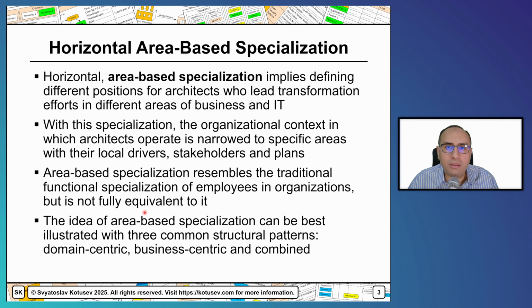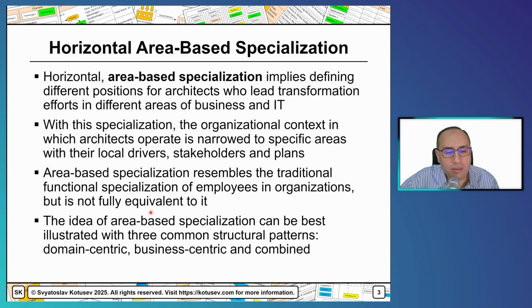You will see examples such as a specialized application architect, cyber security architect, infrastructure architect, and sometimes an architect based on the business domain itself. For example, if you have an ERP system, you will have some specialization based on the HR function, and you will find an HR architect. We'll see these examples in the next slides.